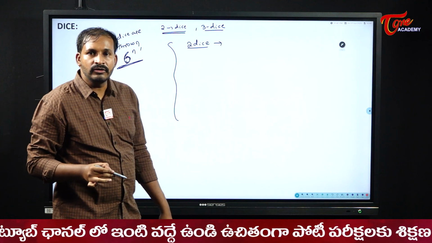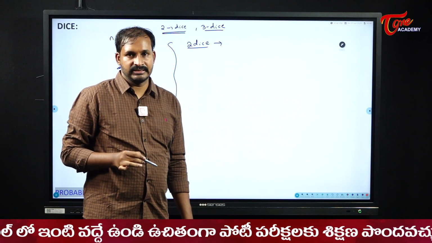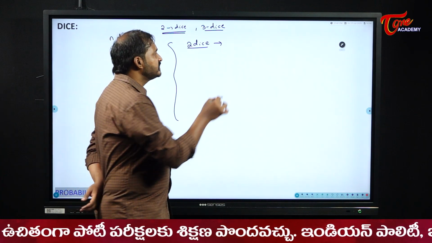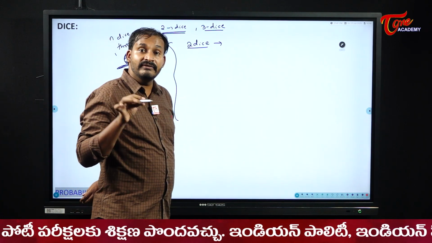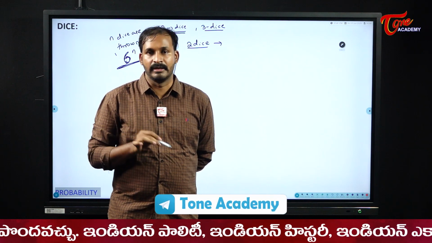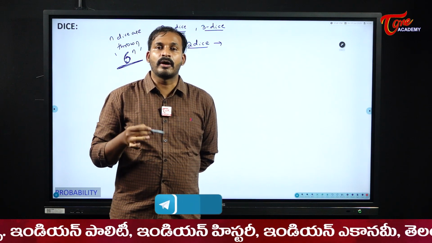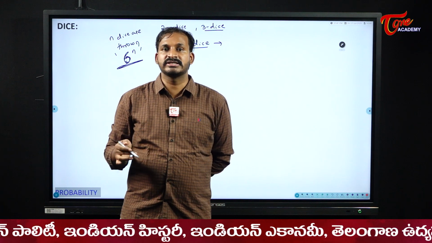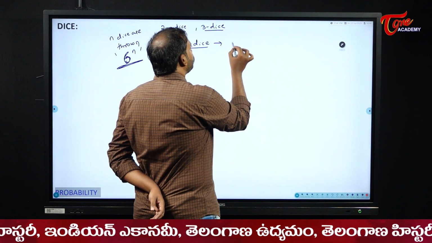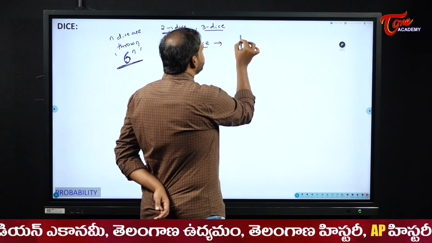We know the possible outputs: 1,1; 1,2; like this. They will ask questions in such a manner: what is the probability of getting a prime number, or what is the probability of getting the sum as 7, or the sum as 10? Something like that.